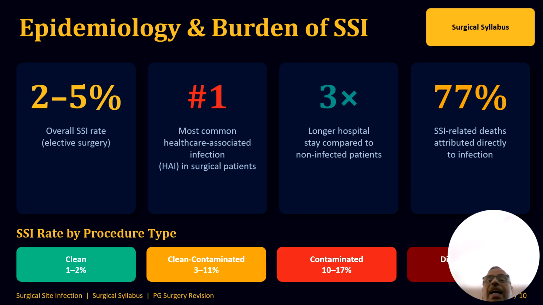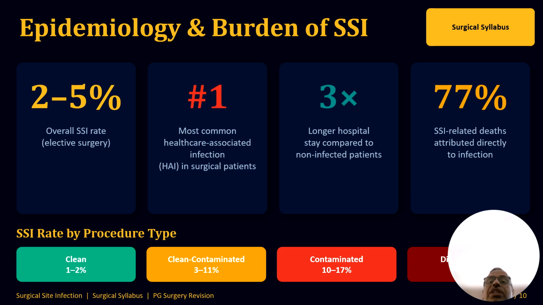Clean surgery, as in say a laparoscopic hernioplasty, mesh hernioplasty, or any surgery which does not involve any contaminated material, has a very low SSI rate, about 1 to 2%. In clean contaminated surgery, like an appendicectomy for uncomplicated, non-perforated appendicitis, the rate of SSI increases to 3 to 11%.